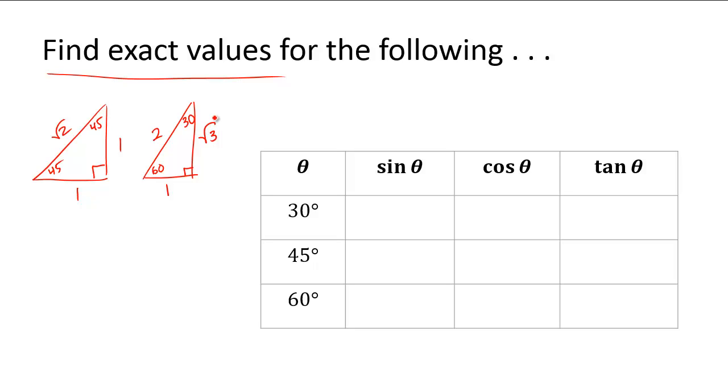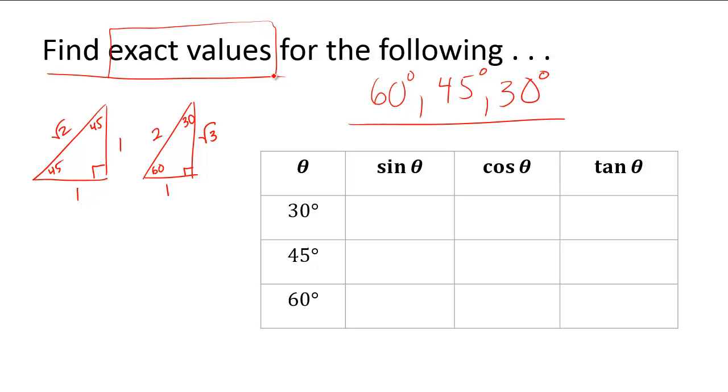Okay, so once we have those, now any time we have 60 or 30 or 45 in terms of angles, we know we are allowed to find exact values using these special triangles.